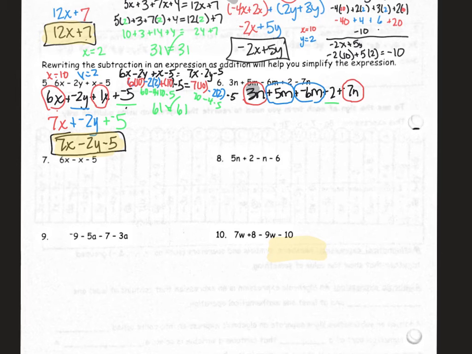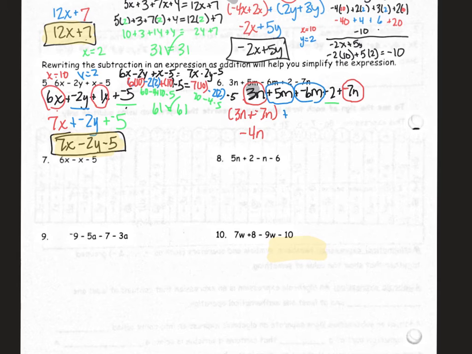Now when I add my like terms, remember this is a negative 7 over there. Be careful that your circle doesn't cut out your negative. When I'm adding the terms, I'm adding the coefficients. So I can put in the calculator, I'm doing 3n plus negative 7n. So in the calculator, I'll put 3 plus negative 7, and that equals negative 4.